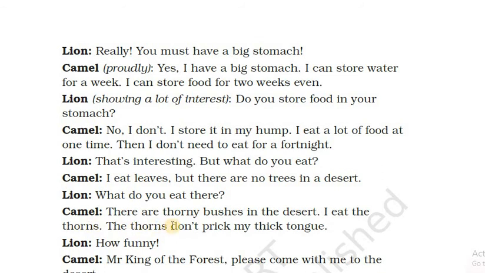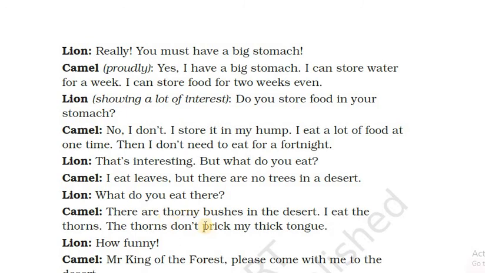Camel says, there are thorny bushes in a desert. I eat the thorns. The thorns don't prick my thick tongue. Camel जो होता है वो बोलता है कि मैं thorny bushes, that means जो बड़े plants होते हैं उसको क्या बोलते हैं? Bushes. So desert में वो plants होते हैं तो वो खाते हैं और thorny that means वो जो कांटे वाले होते हैं वो.